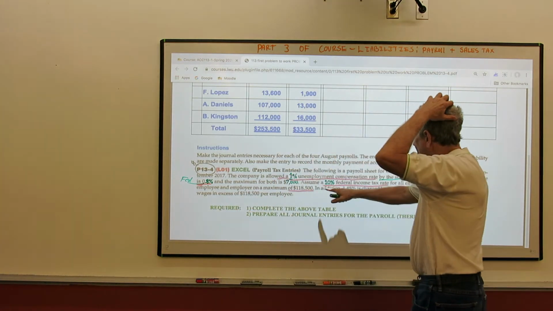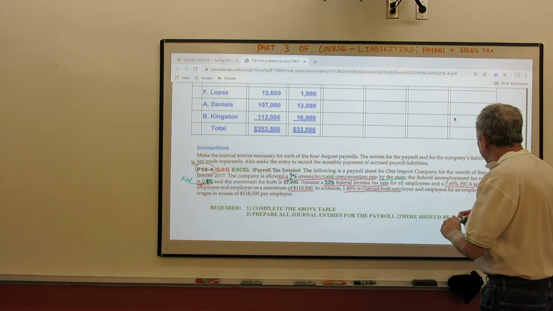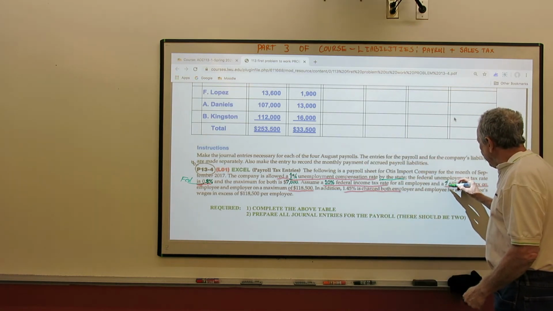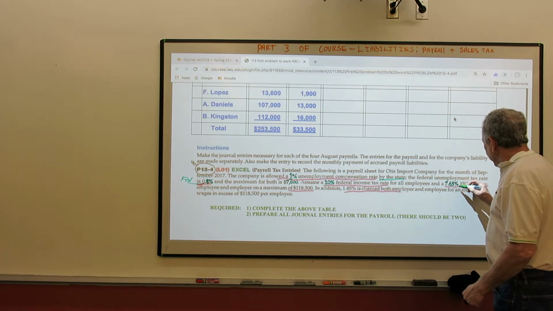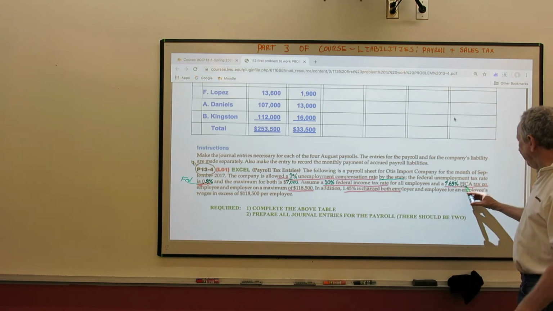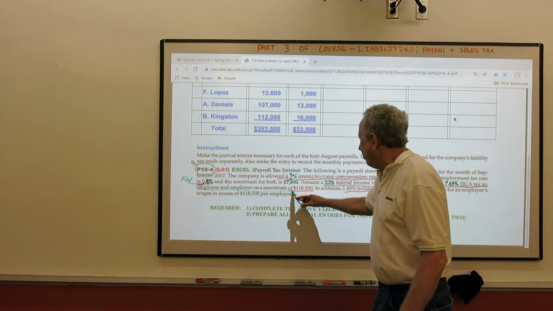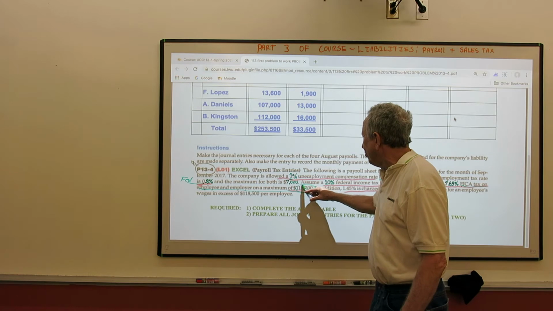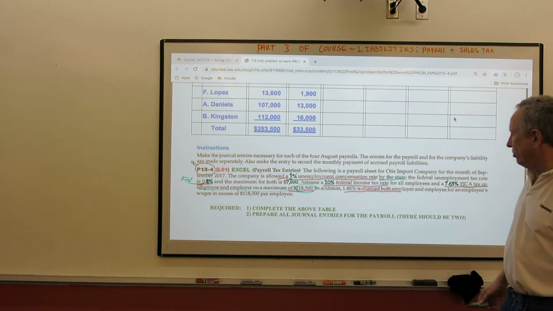But anyway, assume a 10% federal income tax rate for all employees, and again, a 7.65%. Do you remember that? That's going to be Social Security and Medicare, what they call the FICA tax, on all employees to a maximum of $118,500, which is exactly what was said.